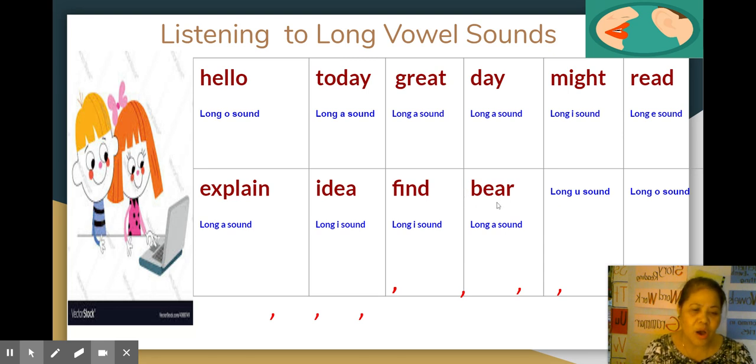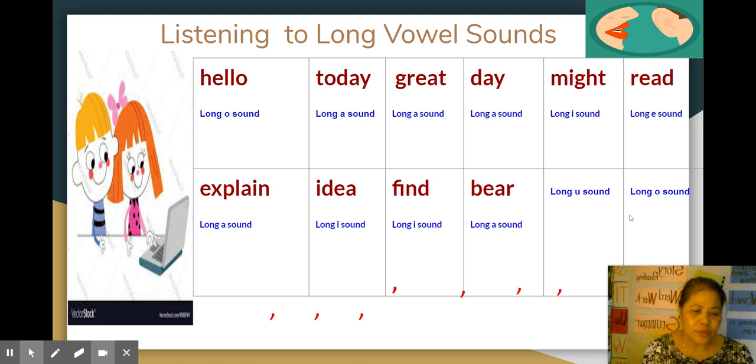It has a long A sound. Bear. So it seems we do not have a long U sound here. Who can give me a word that has a long U sound? Oh, I think somebody's thinking about cute, use, fuel. Very good. How about long O?